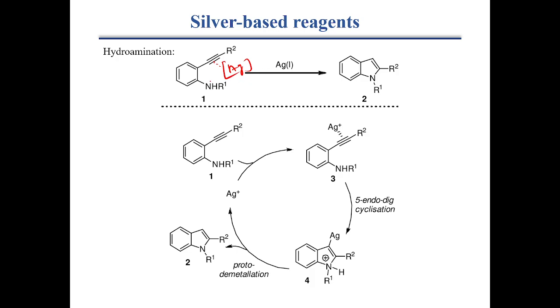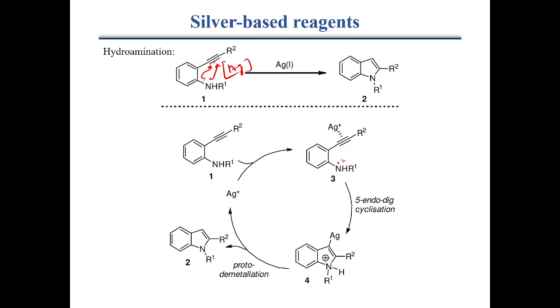And there are two possibilities. Either this can react on this side via 6-endo-dig cyclization, or it can react on this side via 5-endo-dig cyclization. So this is the mechanism. First alkyne activation by the silver, and after that 5-endo-dig cyclization.